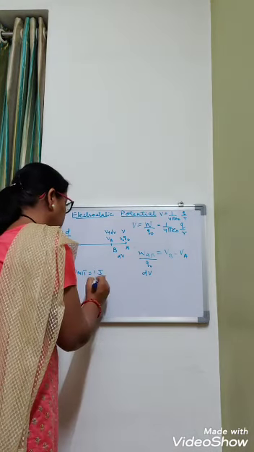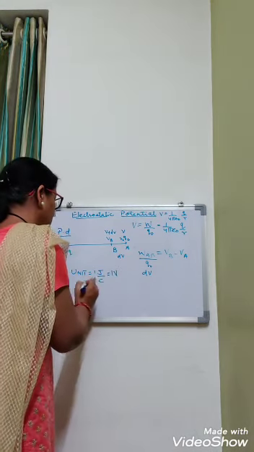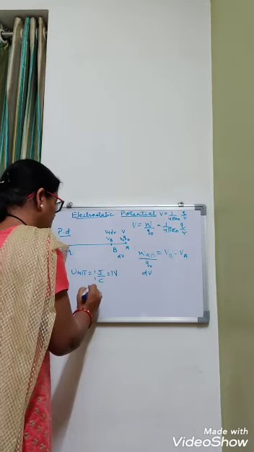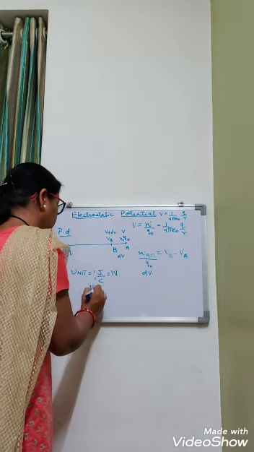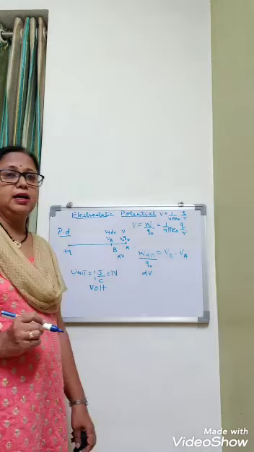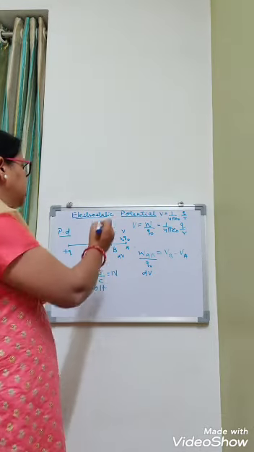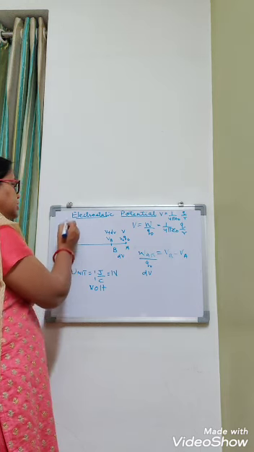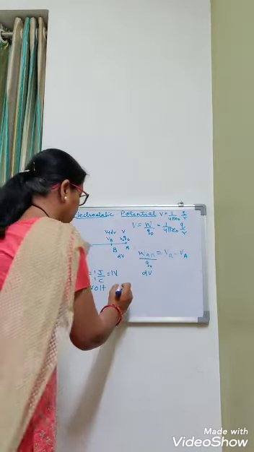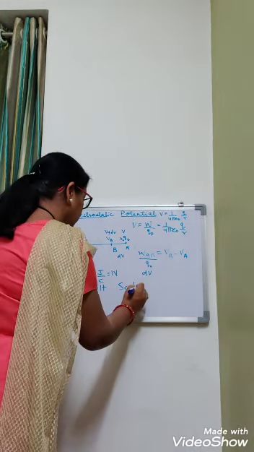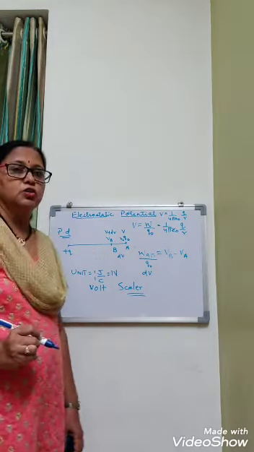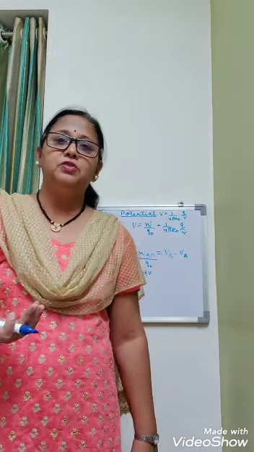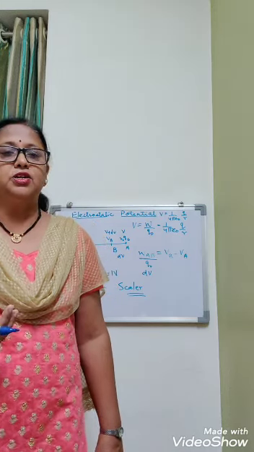So 1 joule upon 1 coulomb is equal to 1 volt. So unit of potential difference or potential is volt. You can see that it is the work done. So potential as well as potential difference, both are scalar quantities. They are scalar quantities. So we can directly add them without taking any directions.